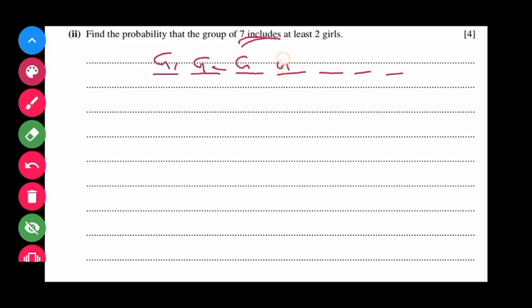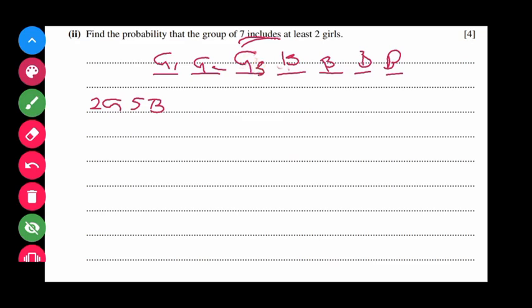So now, what if you include two girls? That is a minimum number. So if there are two girls, the remaining five will be boys. So we get two girls and five boys. And if there are three girls, how many boys will be there?